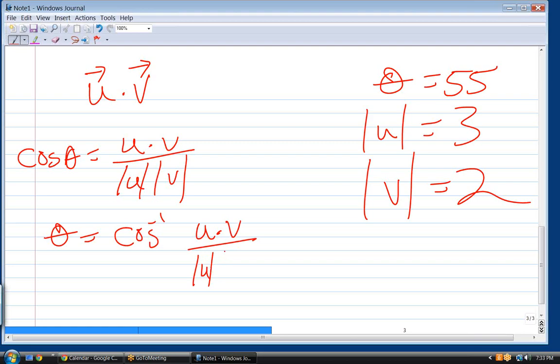And it looks to me like they've given us everything we need. So the inverse cosine, what's u dot v? That's what they want to know, so we'll just leave that as u dot v. What they've really given us is theta, 55 degrees.